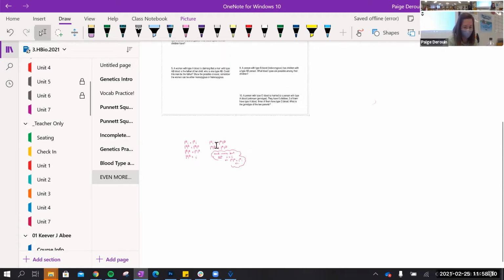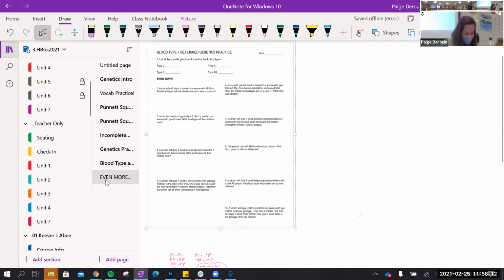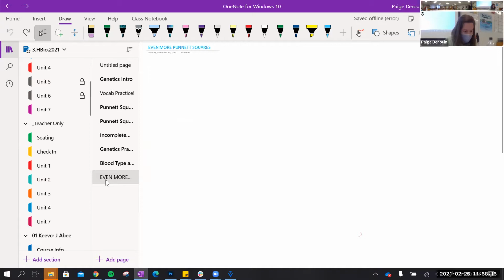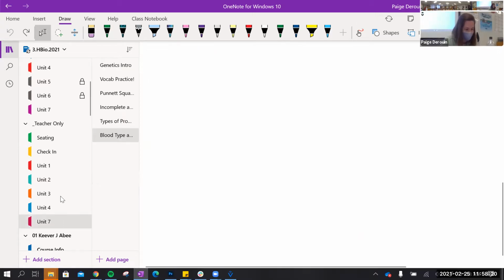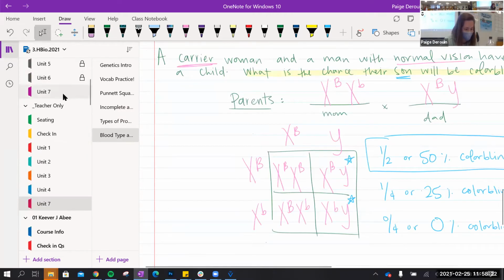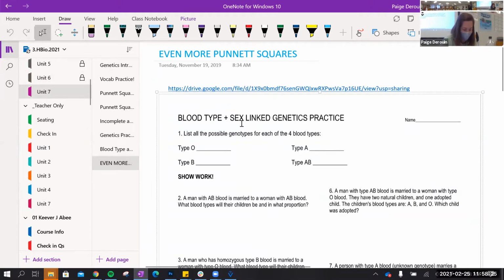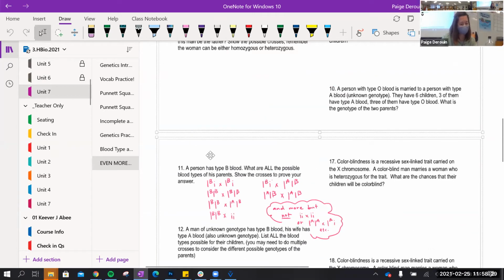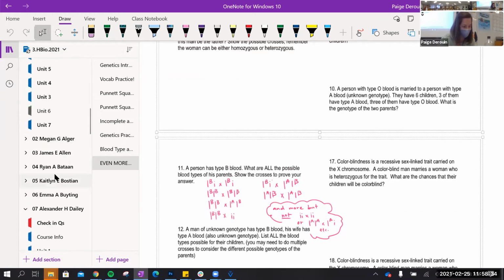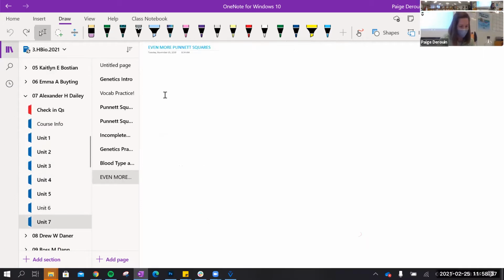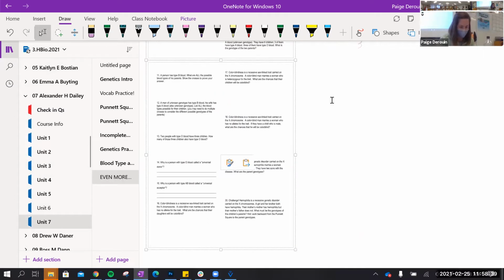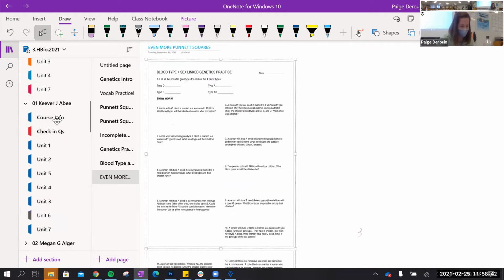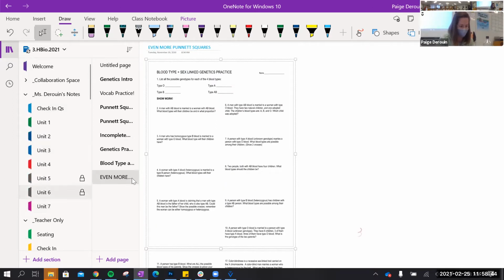Wait, where did my second page go? And guys, number 11 is done for you because it's just an absurd question. So I did it for you. Okay, can you see that, Alex? Oh, yeah. Great.